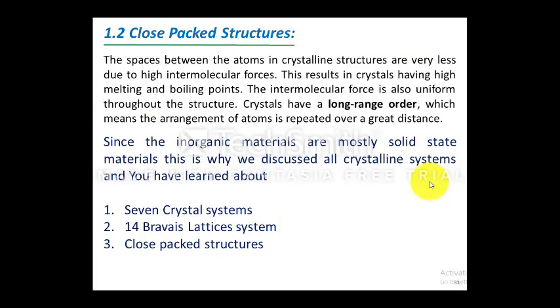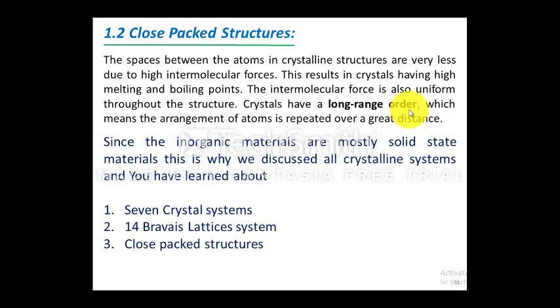The space between the atoms in crystalline structures is very small due to high intermolecular forces. This results in crystals having high melting and boiling points. The intermolecular force is also uniform throughout the structure. Crystals have long range order. This is the difference between crystalline and amorphous solids, that crystalline materials have long range order.